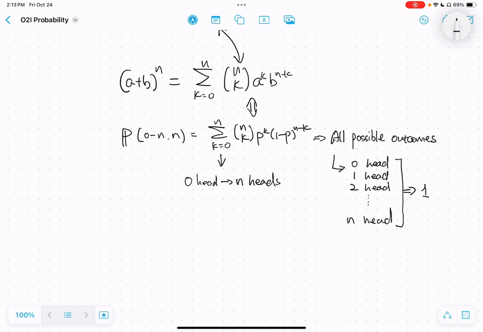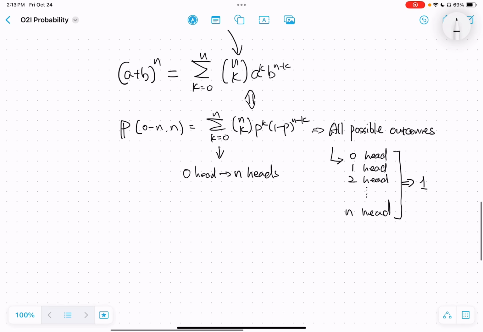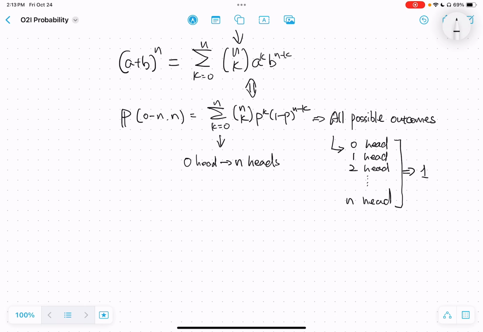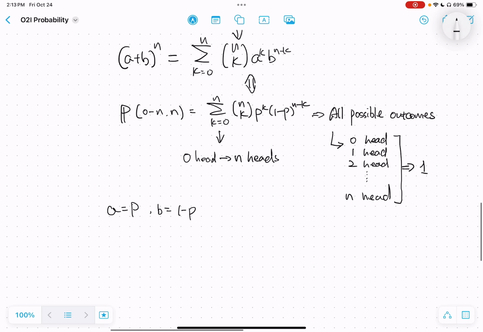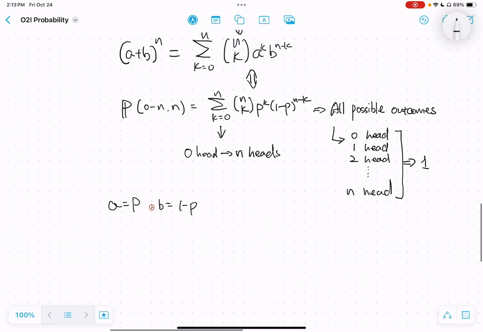This is just the binomial theorem. This is just the binomial distribution. So in the binomial theorem, we have a to the power of k and then b to the power of n minus k. So in our probability distribution, a equals p, and then b equals 1 minus p. So it's exactly the same form as the binomial theorem.